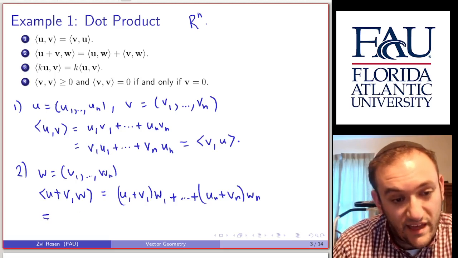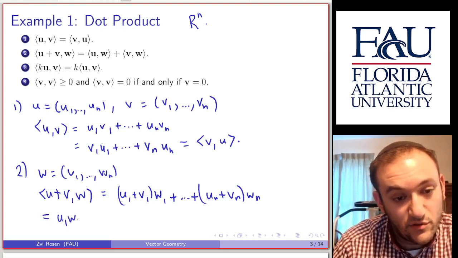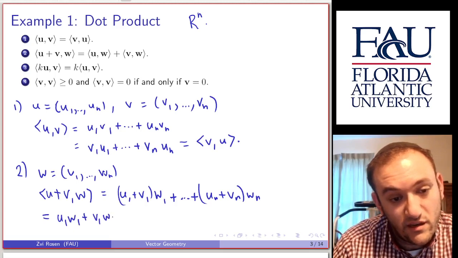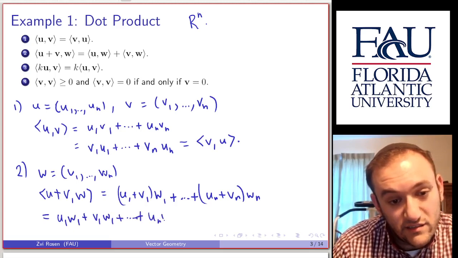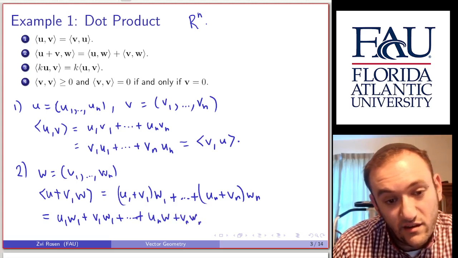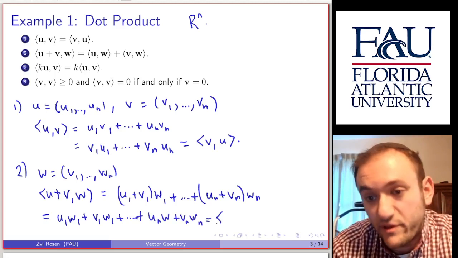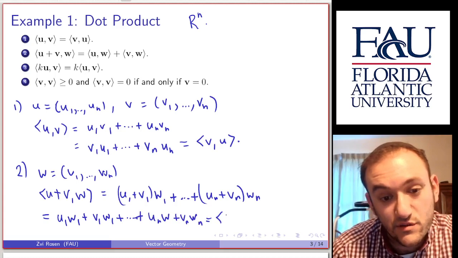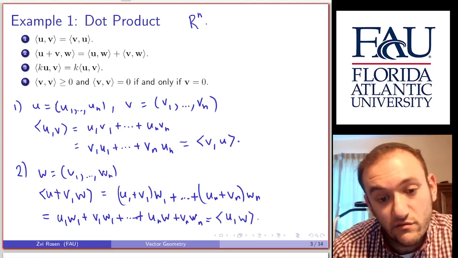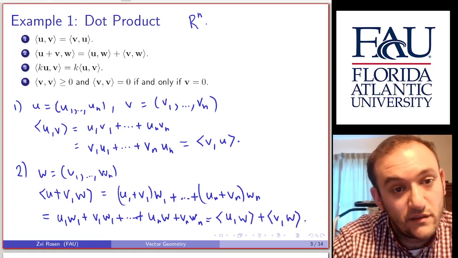And you can distribute that multiplication to get u1 w1 plus v1 w1 plus up to un wn plus vn wn. And this is just by grouping the terms differently, you'll find that this is equal to <u, w> plus <v, w>. Okay, so we also have additivity.